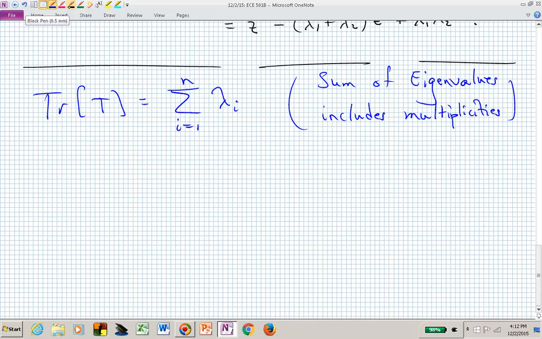But now you might be asking, but how are we going to find that trace? You could find the eigenvalues of that operator and sum them up, but that's a little tedious. There's actually a quicker way.